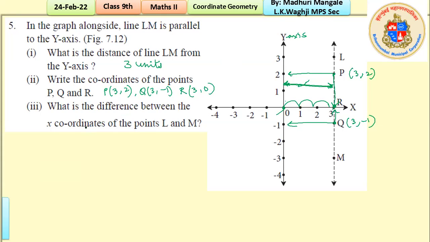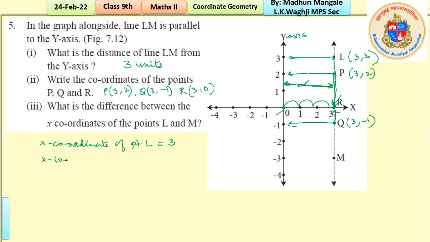Next, we are asked, what is the difference between the x coordinates of the points L and M? First write down the x coordinate of point L. It's 3, and y is also 3, so L is 3 comma 3.